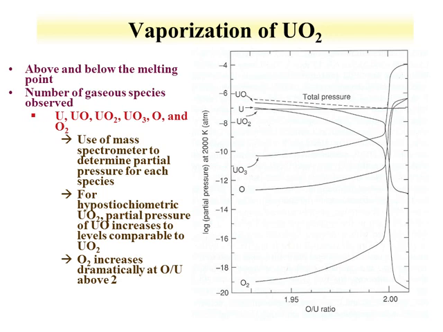There's not enough oxygen around to oxidize those metals. So fuel can be tuned so that the material will have properties of a certain oxygen to uranium ratio so that the fission product chemistry can be controlled. And the way one determines the oxygen to uranium ratio is through the enthalpy experiment that was done earlier or this vaporization experiment.